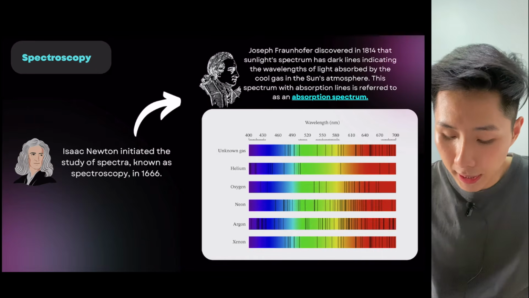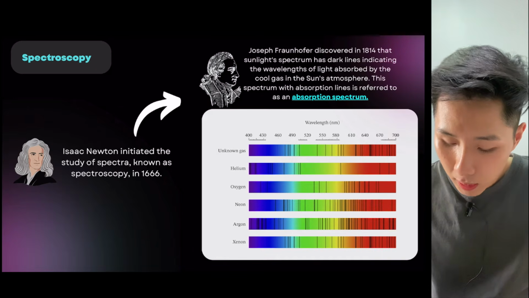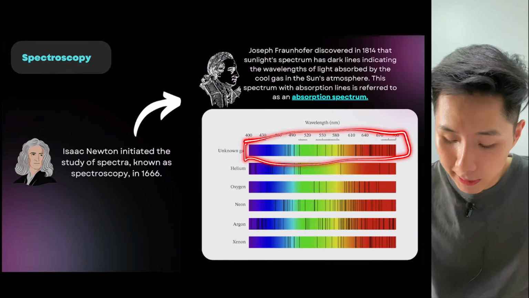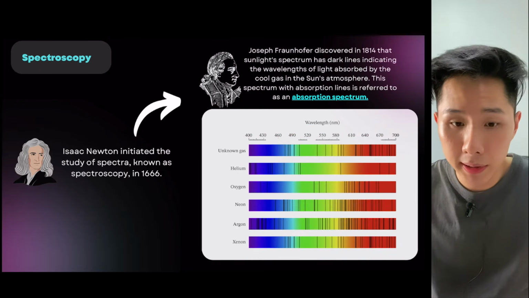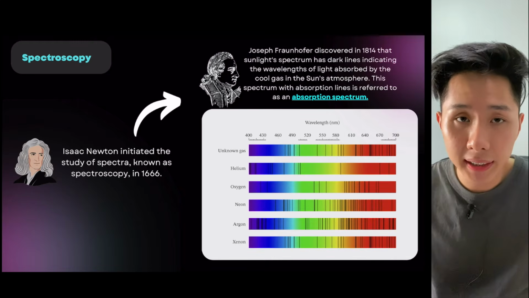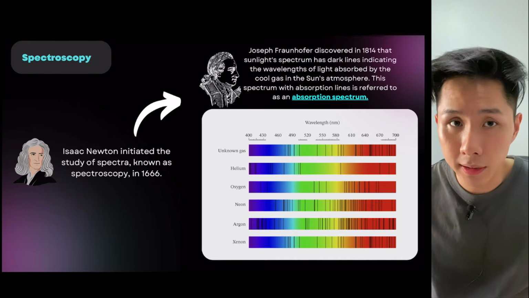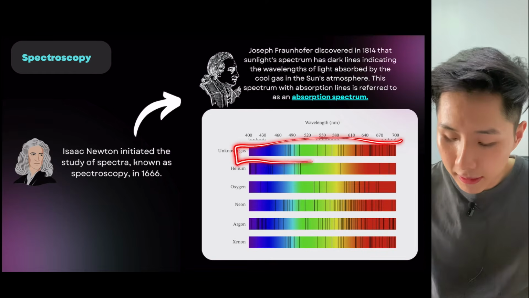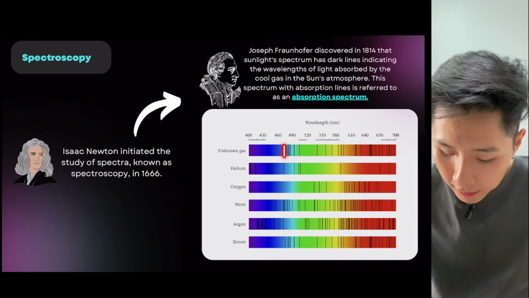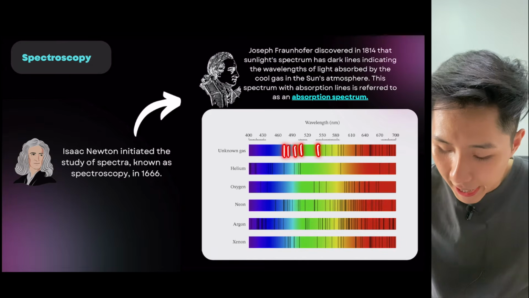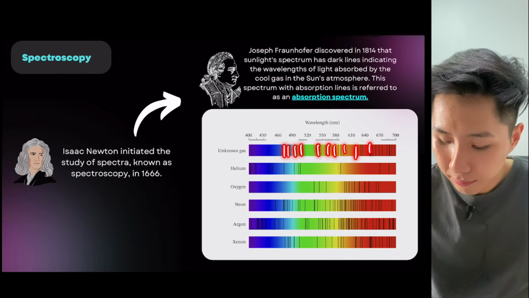Joseph discovered that some of the light can be absorbed by certain elements. And by investigating light that travels, let's say, from the sun, we can identify what elements are inside the sun just by looking at what light has been absorbed.